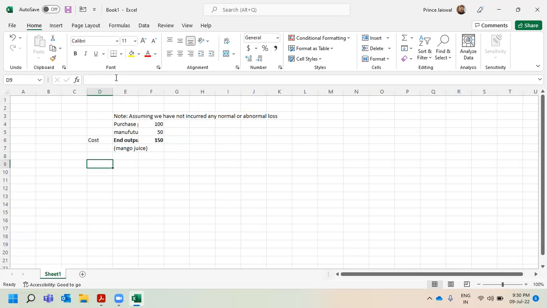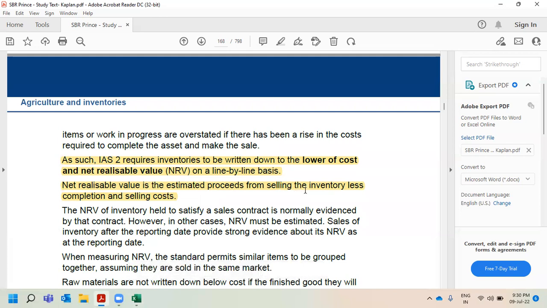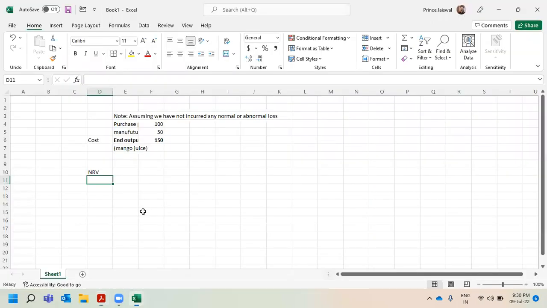What is NRV? NRV is the estimated proceeds from selling the inventory less completion and selling cost. For example, if I go to the market to sell my fruit juice, I am able to sell it at say 300.